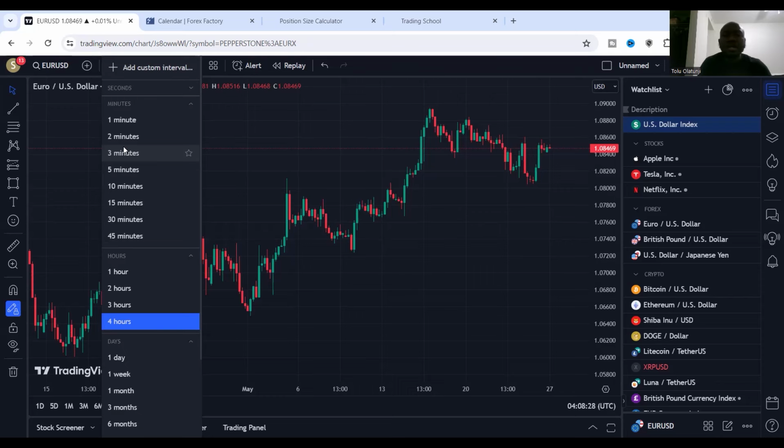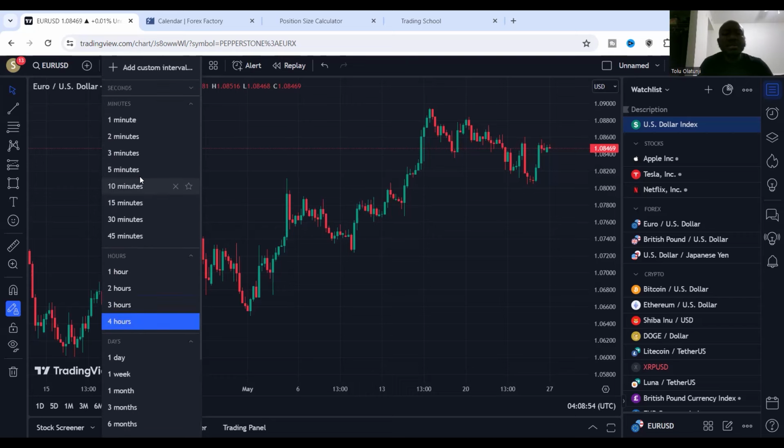If you are a day trader, also known as an intraday trader, you could be using 15 minutes, 30 minutes, 1 hour. A swing trader could be using 30 minutes, 1 hour, 4 hours, and even the daily. A position trader is using the 4 hours, 1 day, 1 week, 1 month, and so on. You can see how scalping, day trading, swing, and position trading increase in time frames.